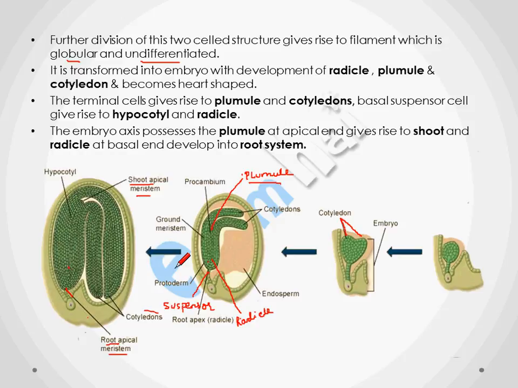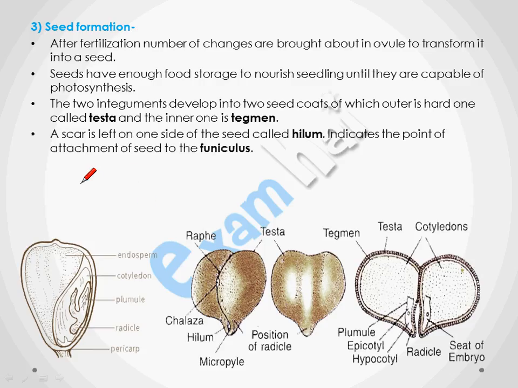If you have seen many seeds, like groundnut, or nuts, you have seen a structure like this, and it can be divided into two equal halves.